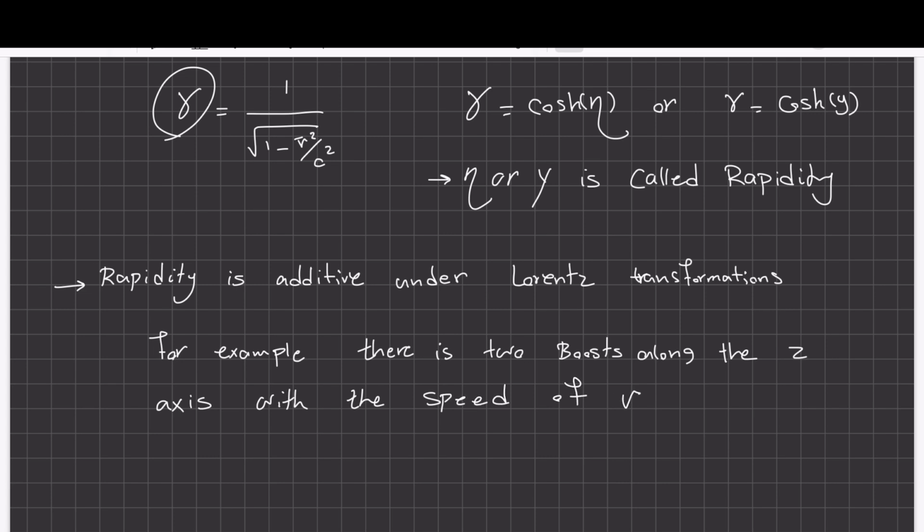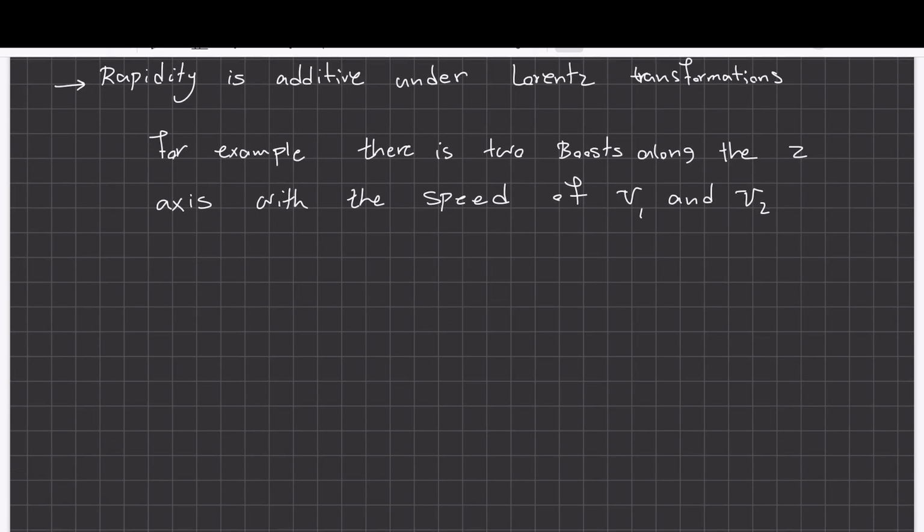Speed is not additive under the Lorentz transformation. Imagine I have two boosts, v1 and v2. In the non-relativistic limit, v1 plus v2 is the total v, but this is not the case in relativity. In relativity, v1 and v2 are not additive, but y1 plus y2 is equal to y total.